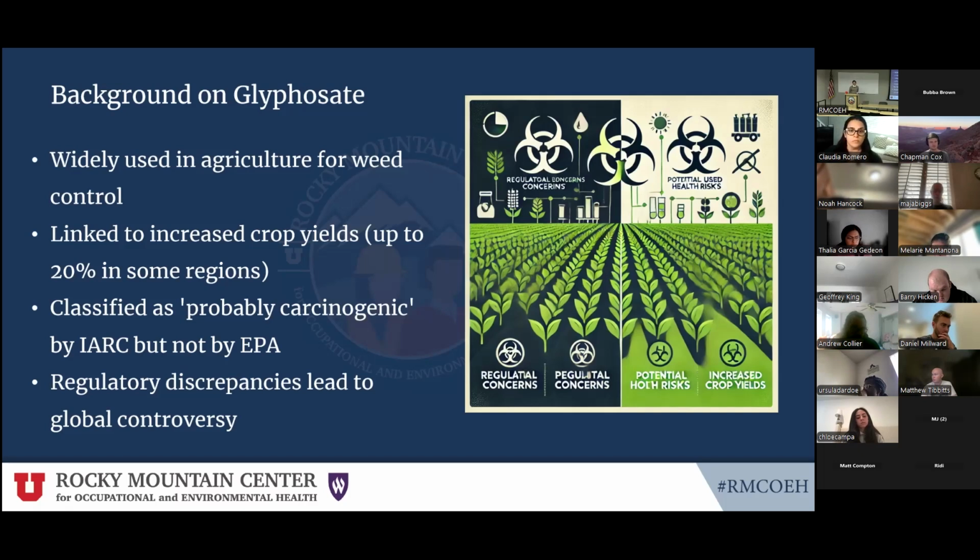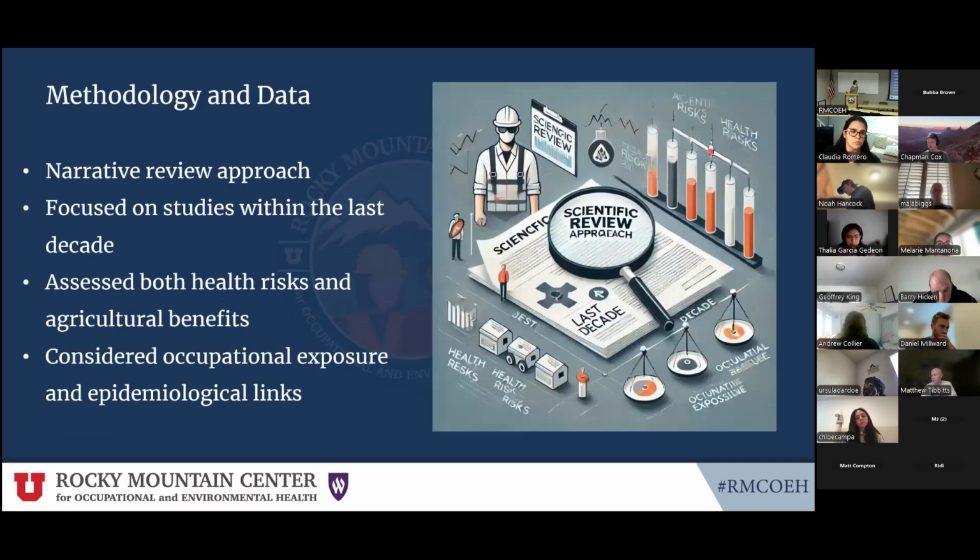This inconsistency in regulatory standards has led to global debates, lawsuits, and even bans in certain regions. Despite the concerns raised, glyphosate is still widely used because of its efficiency in controlling weeds and its positive impact on agricultural productivity. So next, a little bit on the methodology and the data.